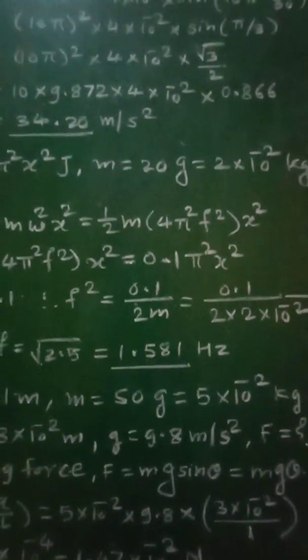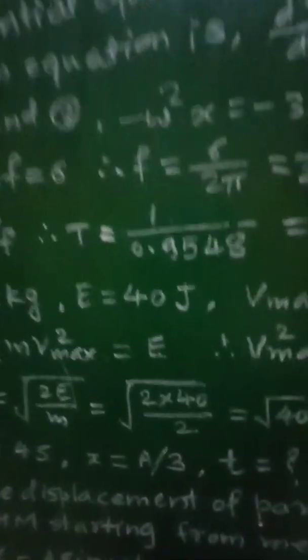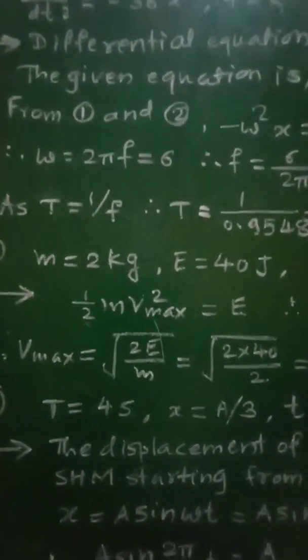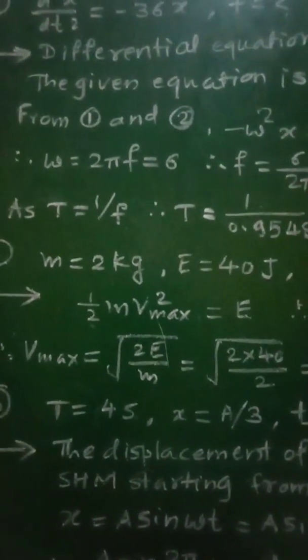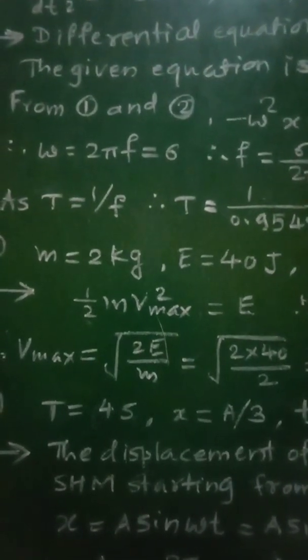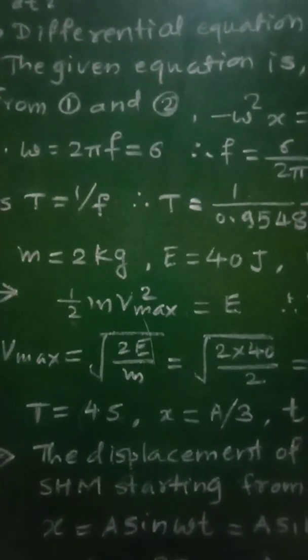1.581 Hertz. Then we will go for the next numerical, that is numerical number 12, which is given as: the total energy of a body of mass 2 kg performing SHM is 40 joule.